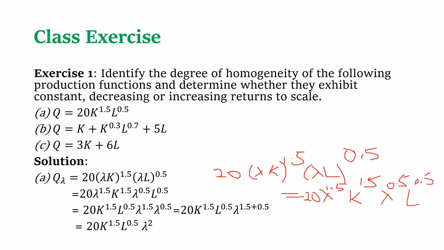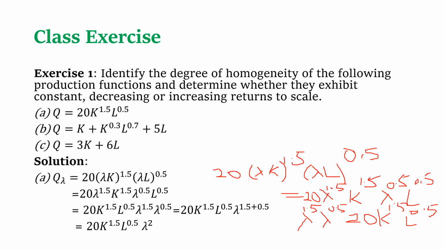Lambda 1.5, so we say lambda raised to the 1.5, and then lambda to the 0.5, and then we have our 20k to the 1.5, and then our L to the 0.5, right?